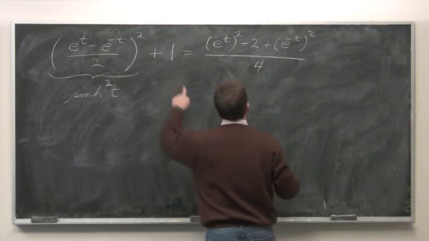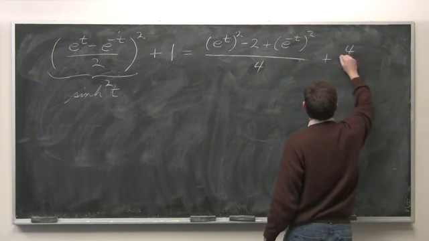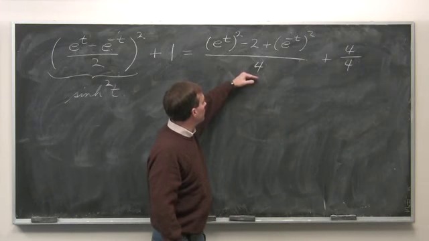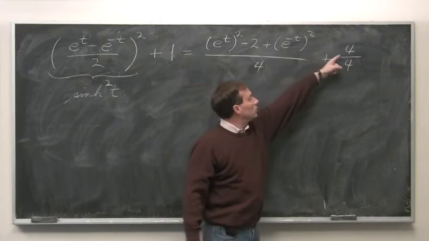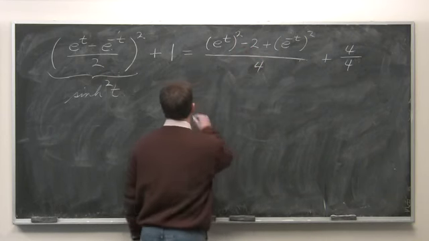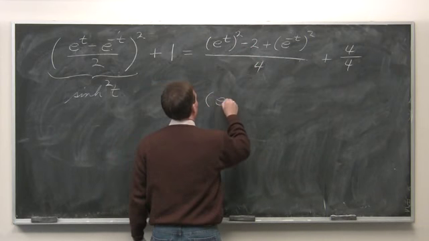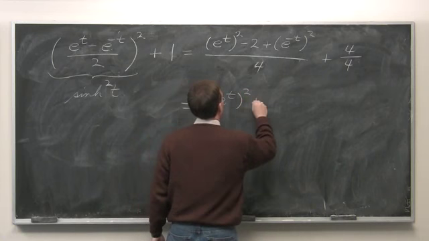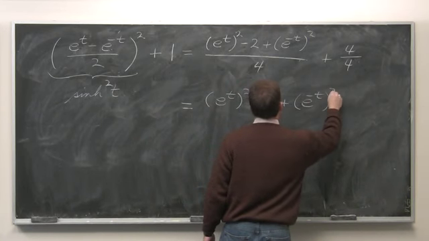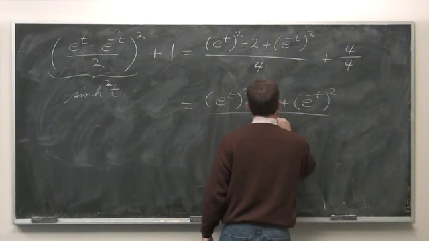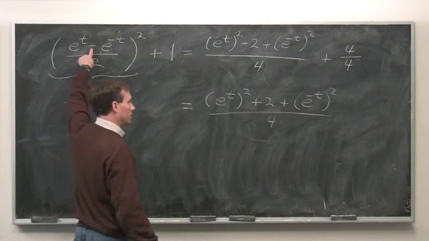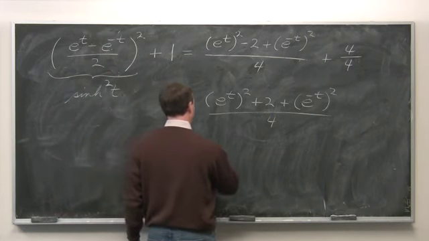And then you add 1, which we write as 4 over 4. Now that we have a common denominator of 4, we just add 4, and that effectively just changes this minus 2 to a plus 2. So you end up with e to the t squared plus 2 plus e to the minus t squared over 4. This is exactly what we would have gotten had we squared this with a plus sign there. But that's hyperbolic cosine squared.